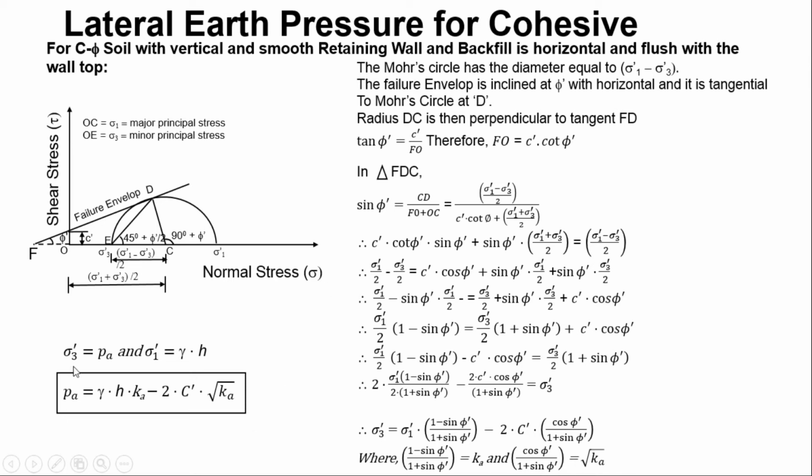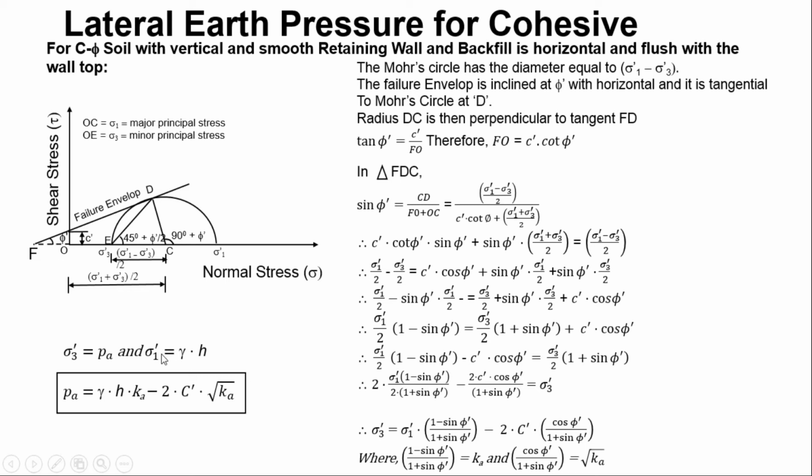Therefore, we can write, if sigma 3 dash is equal to Pa and sigma 1 dash is equal to gamma into H, that means at any particular height H, if we are considering a soil element, then the pressure acting from the soil above it is gamma into H, if the unit weight of soil is gamma.